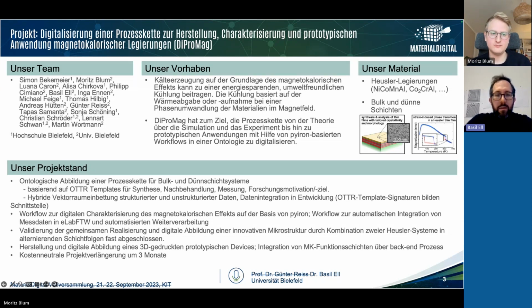So we can in principle develop cooling technologies, which are very interesting because these will be very energy efficient and environmentally friendly. What we want to model here is the production of these materials, the characterization of these materials, and the prototypical applications of these materials, all in an ontology. And beyond that, we also want to model the aims and ambitions of the researchers that carry out these experiments.